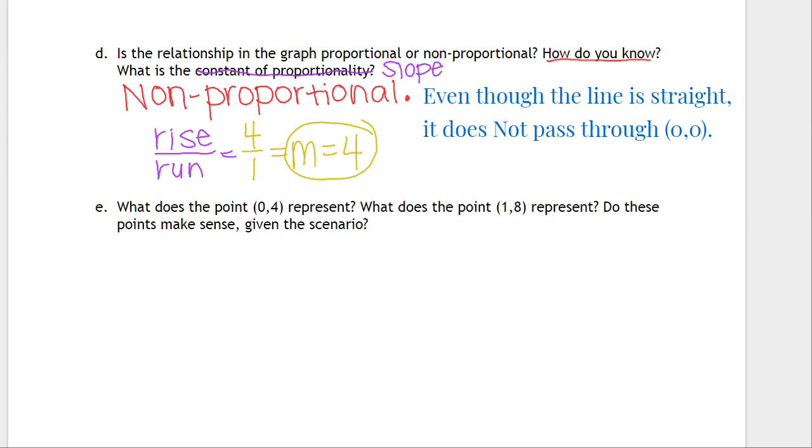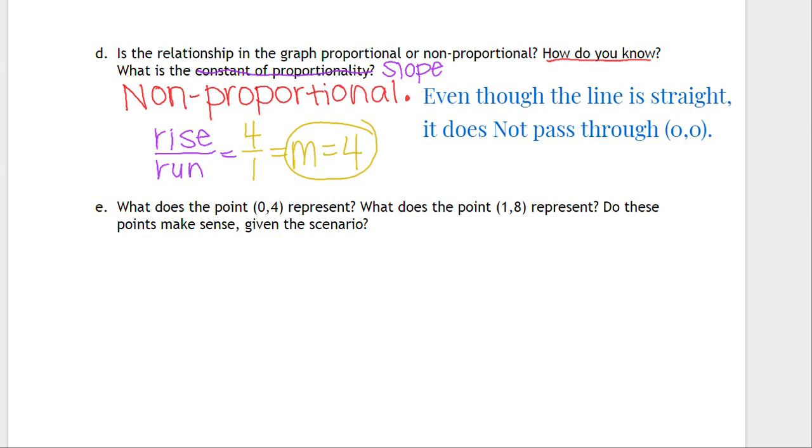Last question, E. What does the point 0, 4 represent? So we're going to think about our first variable is our s, our side length, and then our second variable is our number of tiles.